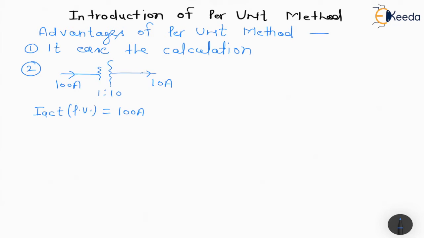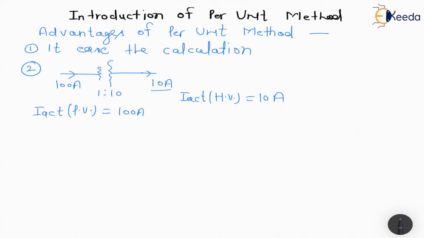It means if the voltage or winding is increased by 10, then our current will be decreased by 10. So this will be 100 by 10, which is 10 ampere. And this is your I actual of HV, equal to 10 ampere.